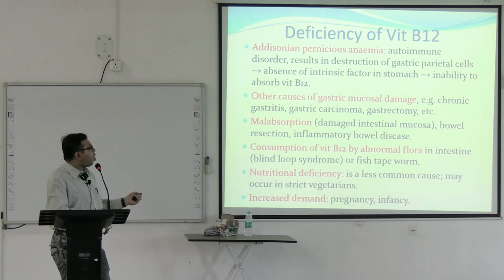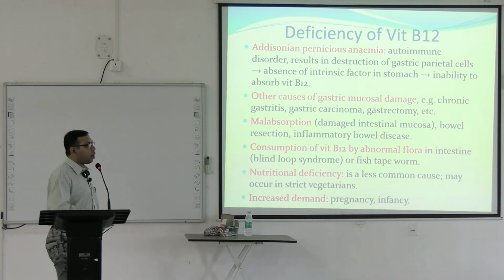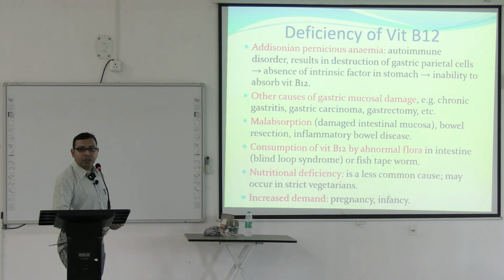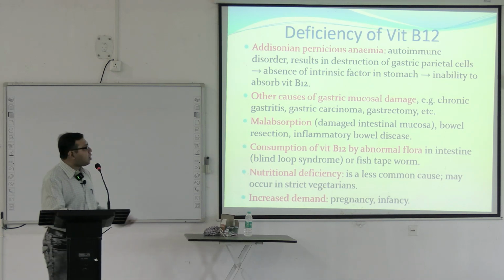Other causes: there may be chronic gastritis, gastric carcinoma, or gastrectomy, where the stomach is cut, for example in bariatric surgery. Malabsorption, where the intestinal mucosa is damaged, like bowel resection or inflammatory bowel disease.